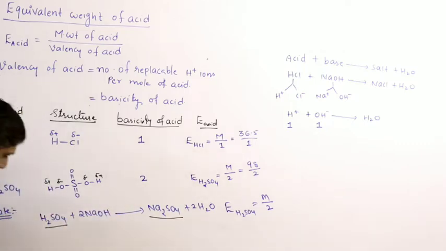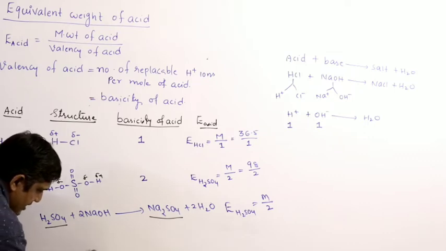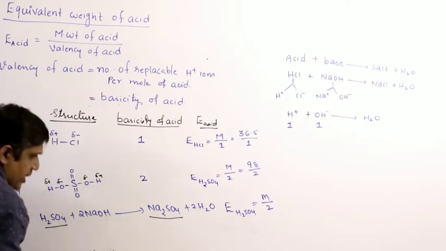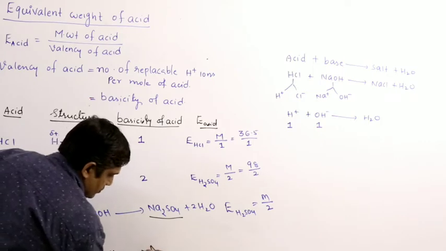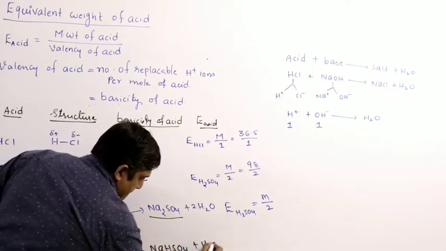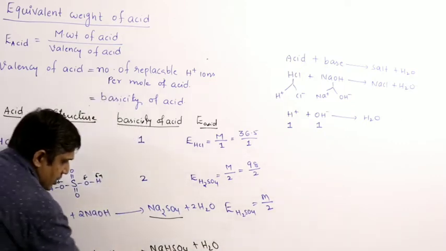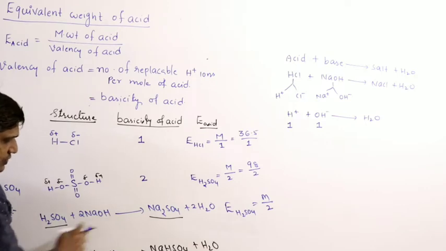But if I write like this, say H2SO4 reacts with NaOH. Now try to compare this H2SO4, NaHSO4. H2SO4 is converted to NaHSO4 when it reacts with NaOH. What is the meaning of this?